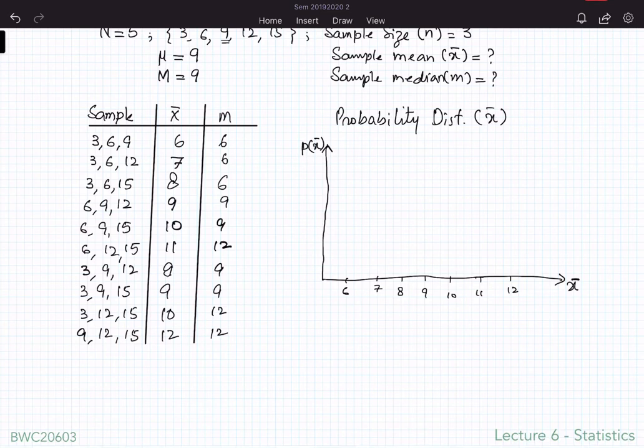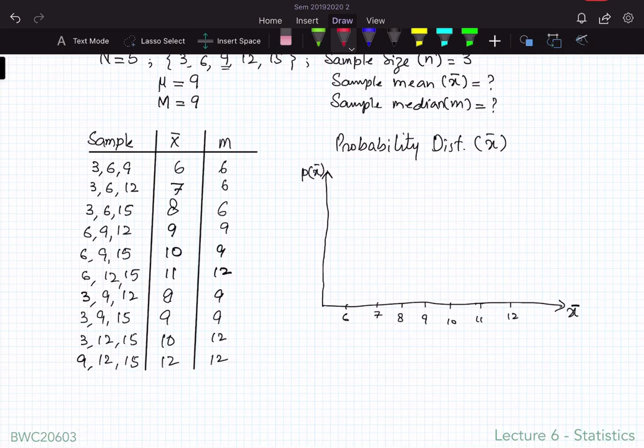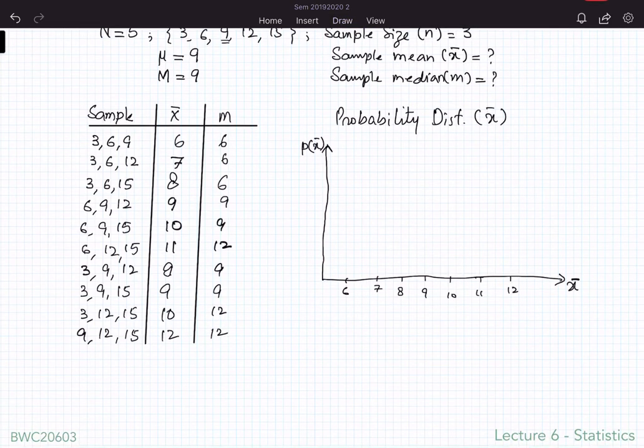How many times is 6 appearing? 6 is appearing only once. Then 7 is appearing only once. 8 is appearing twice, and 9 is appearing twice. 10 is twice. 11 is once, and 12 is once.